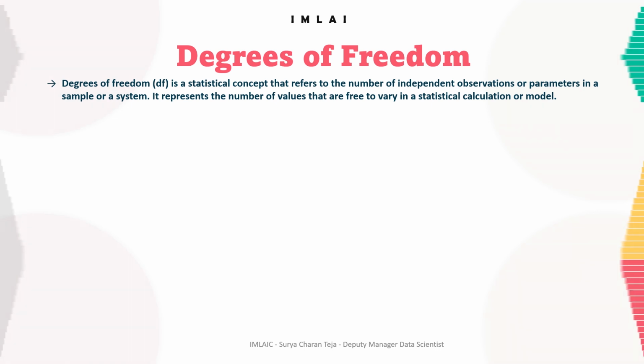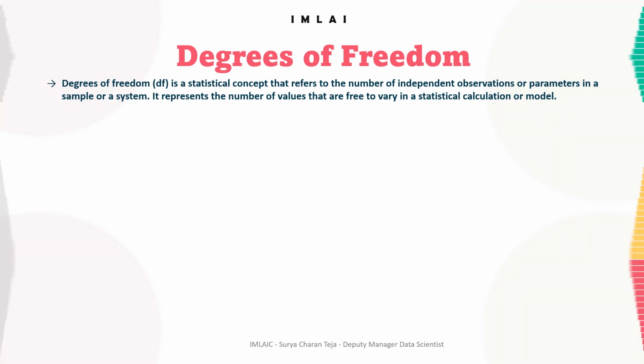The concept is applied to statistics calculated from sample data and refers to the number of values free to vary. That's what degrees of freedom is, nothing but the number of values free to vary. For example, if you know the mean for a sample of 10 values, there are 9 degrees of freedom.